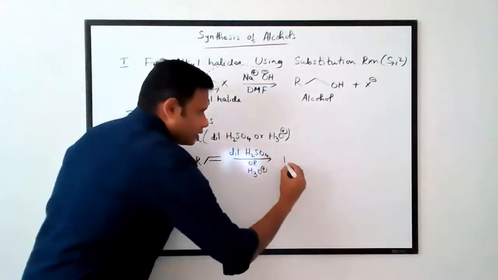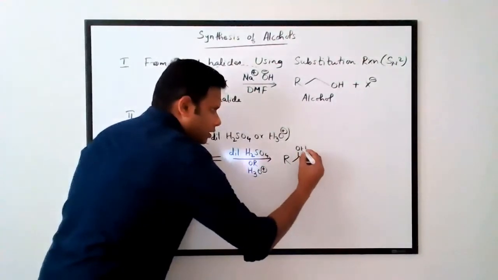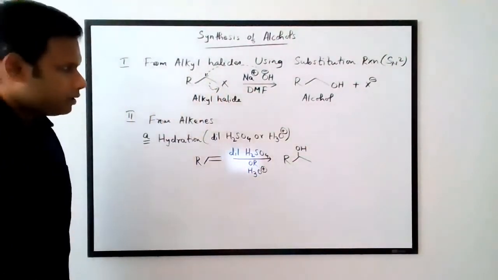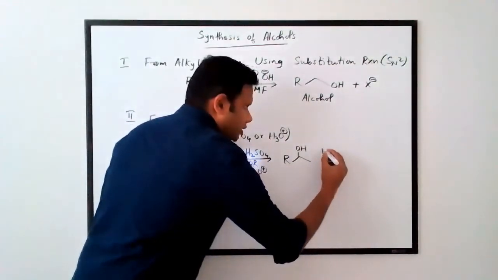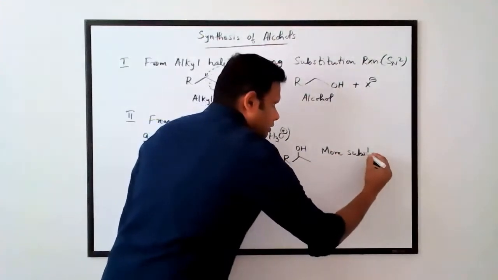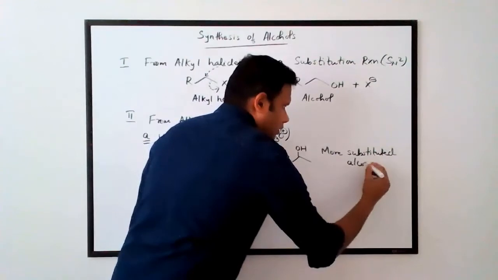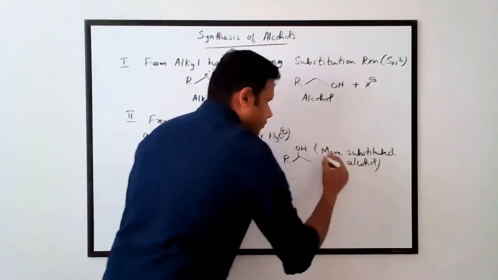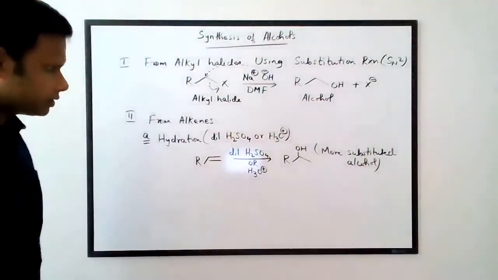When we do this, the product here is an alcohol. Okay, so we make the alcohol, and this alcohol that's formed is the more substituted alcohol. That's our product from this particular reaction.